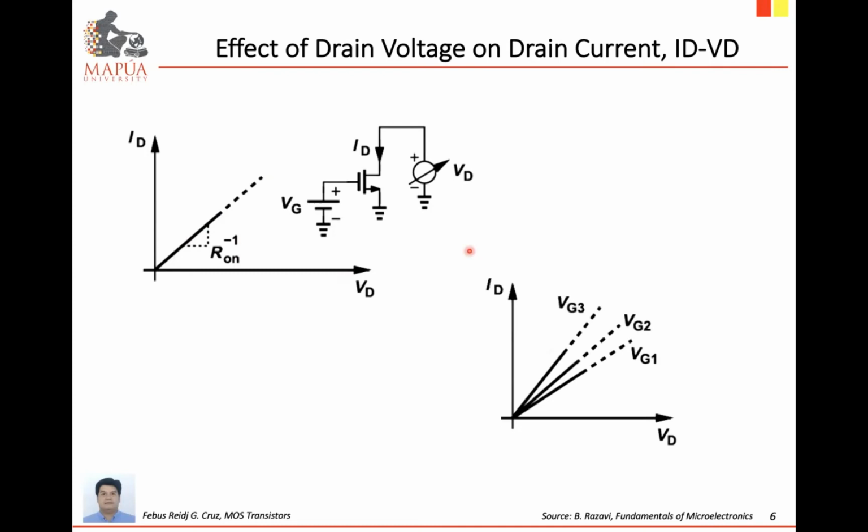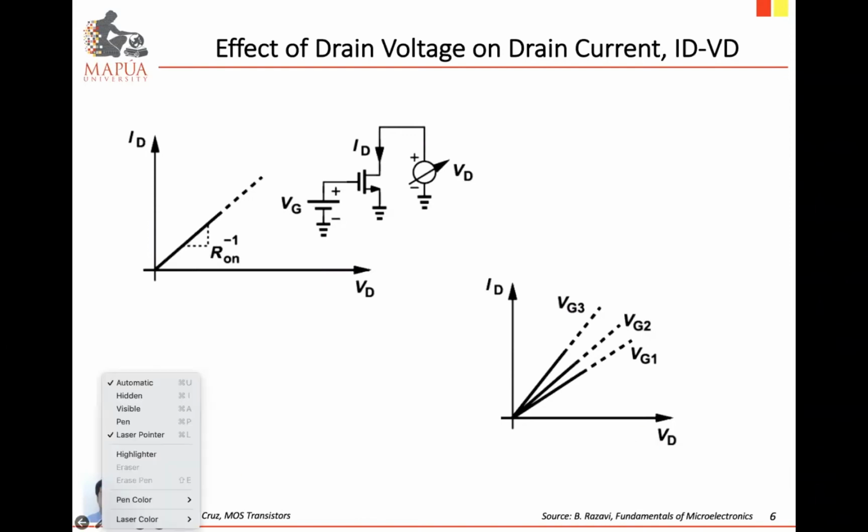In case you apply a higher gate voltage, so in this example, gate voltage 2, VG2 is larger than VG1, and gate voltage 3 is higher than gate voltage 2. When we increase the value of the gate voltage, it means you have a wider area of channel between the drain and source, and that would allow a higher value of drain current for a given drain voltage.